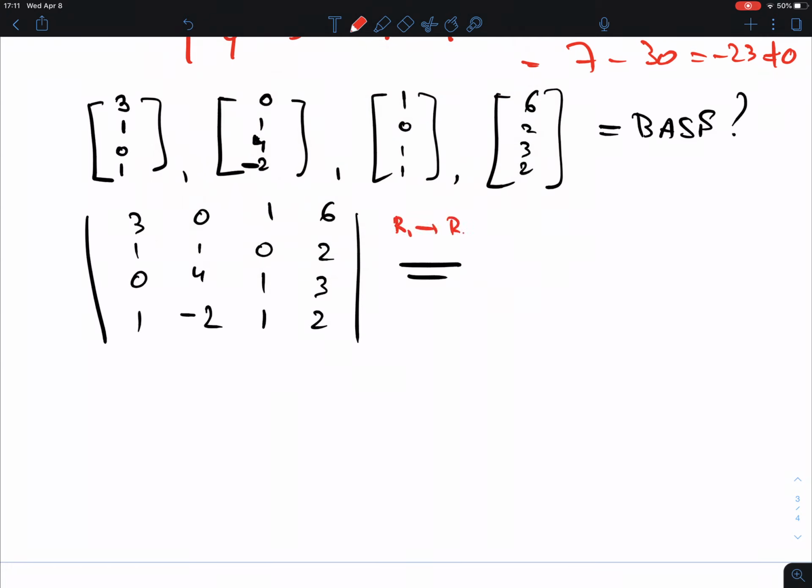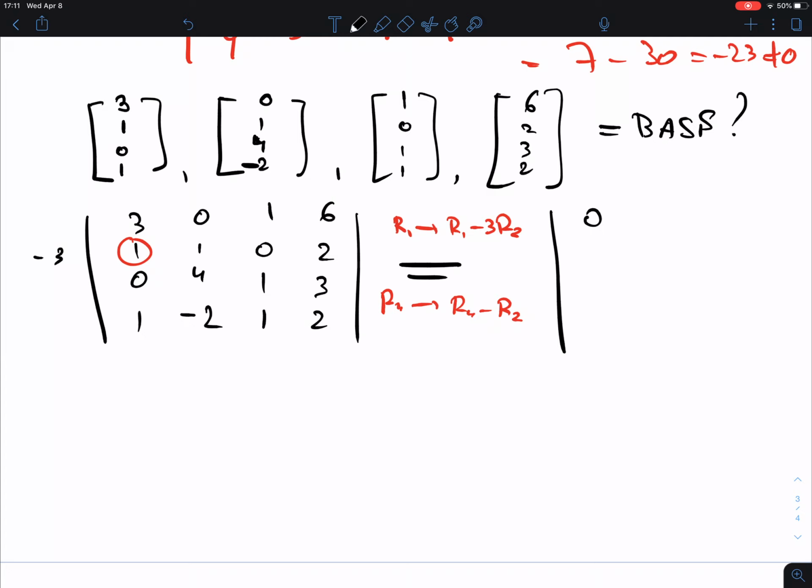Row 1, row 1 minus 3 times row 2. I'm using this pivot, right? And then row 4 minus row 2. And that gives me, let's go to black again, my negative 3 here.